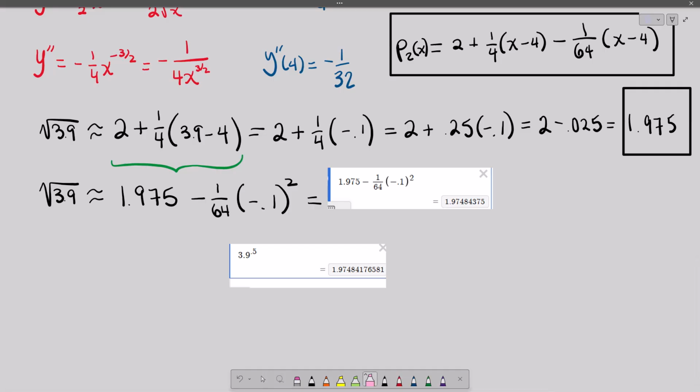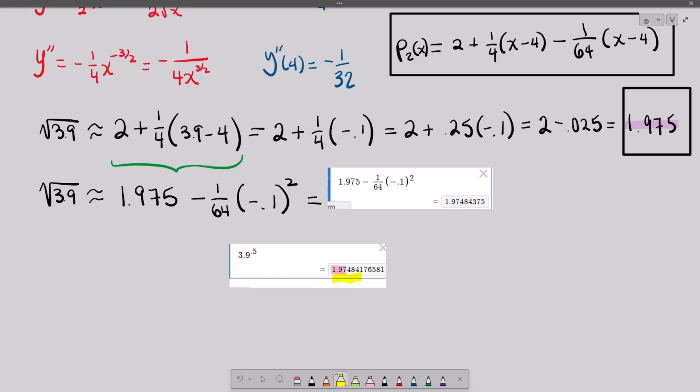Okay, so 1.975 got us to 2 decimal places, almost accurate to 3 if you rounded that up. And then this one is going to be a little better. Let's see, 1.97484. So that gets us out to 5 decimal places. We only did a quadratic approximation and we got accuracy to 5 decimal places.